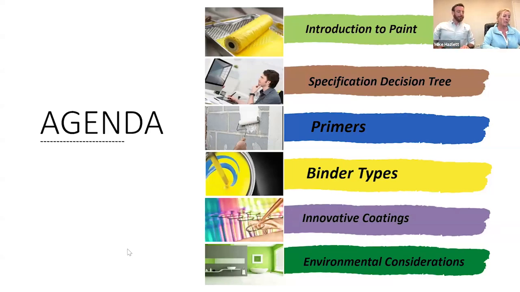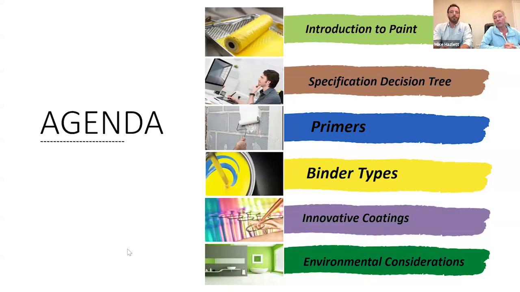Basically, the agenda today that we're going to be covering is the introduction to paint and the specification decision tree. In that, we'll go over what's important in the specification, why we should have a specification at the beginning of a project.